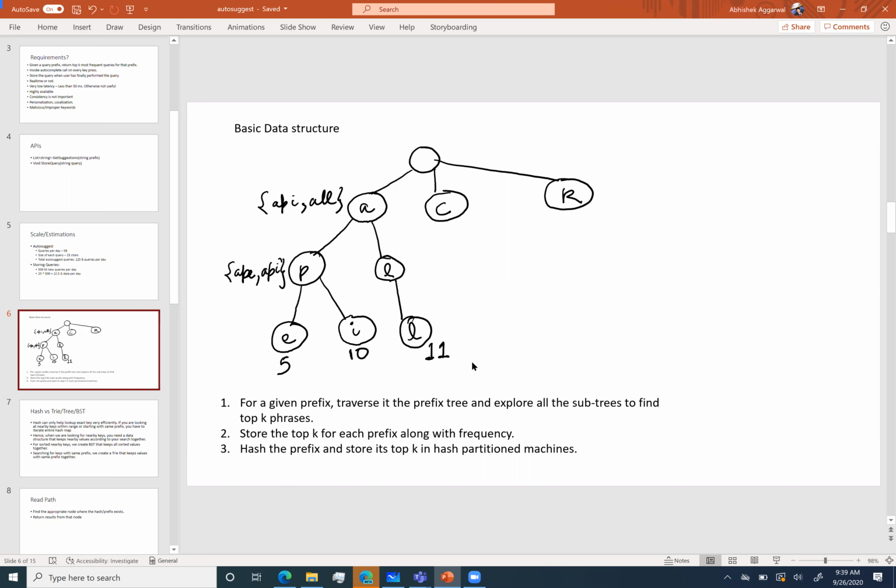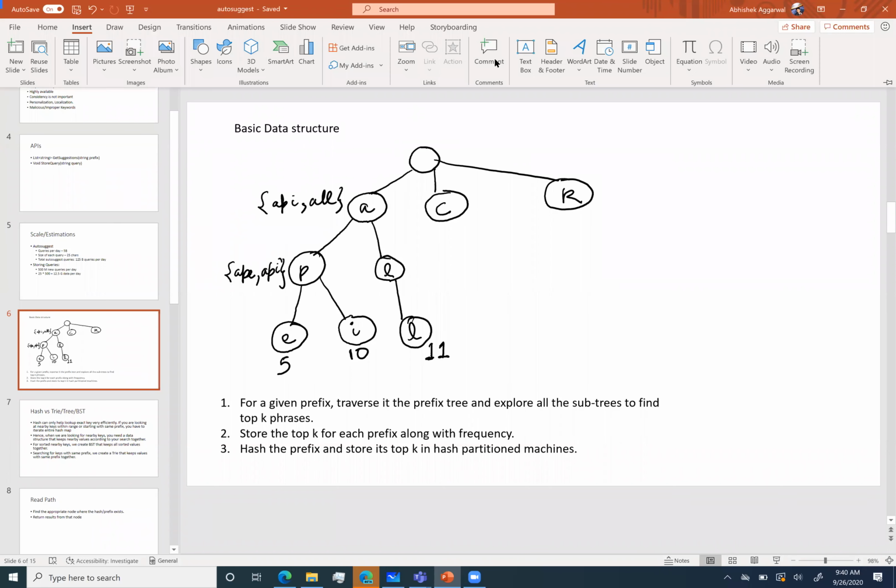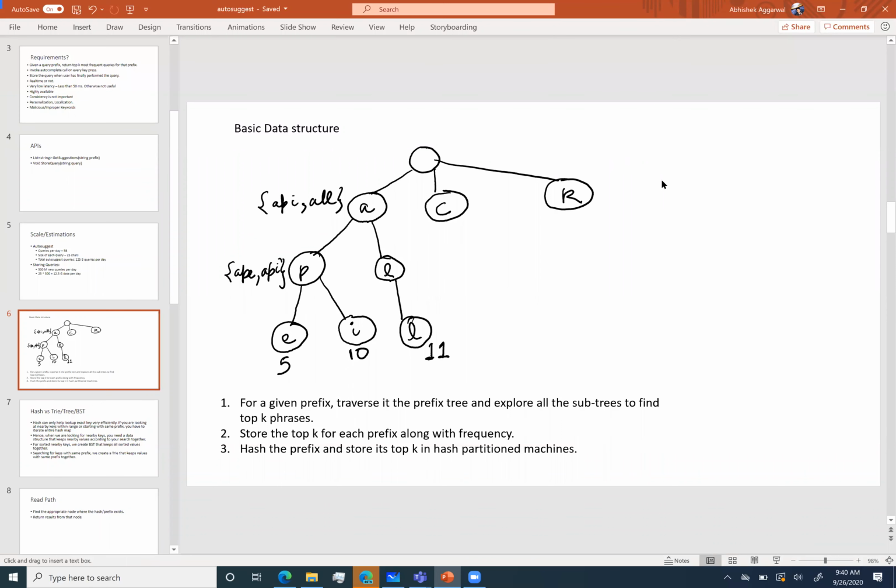Abhishek, one question. What will be the value in the hash map? So yeah, I'm saying once you have created this kind of structure, then in the hash map you will be storing, for key A, values API and all.